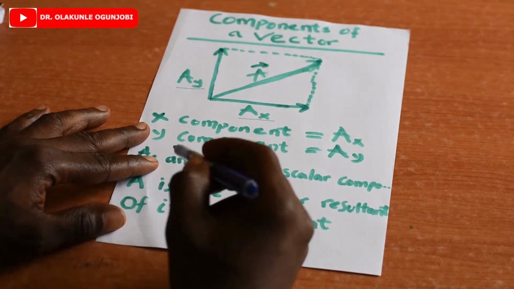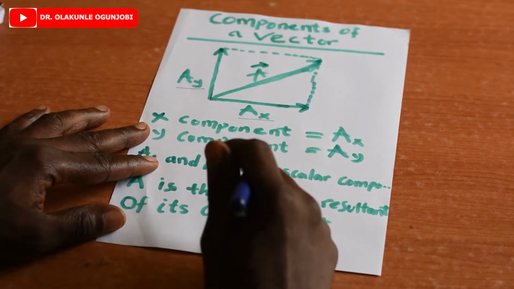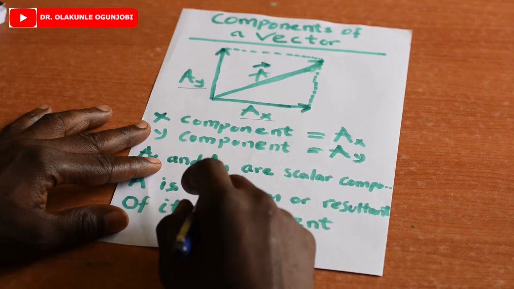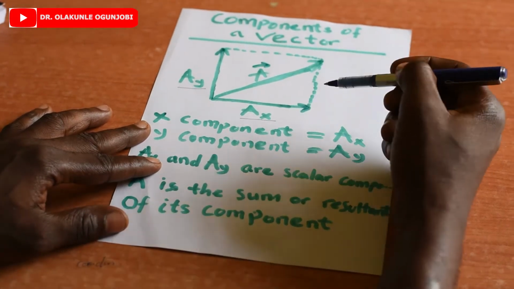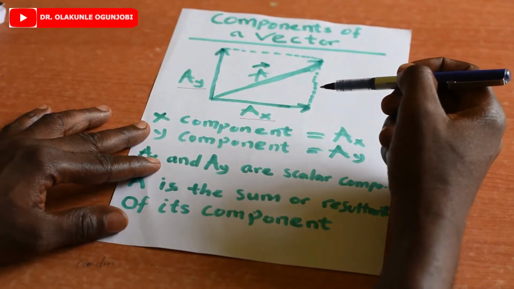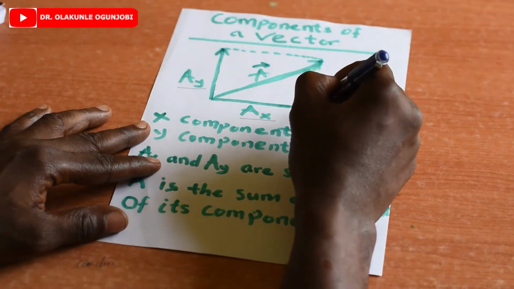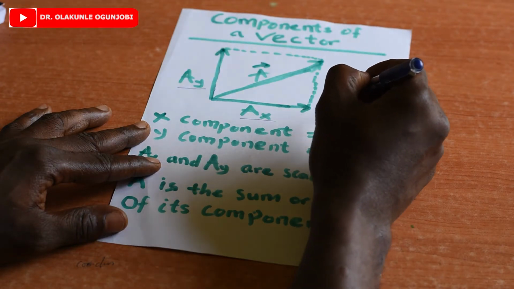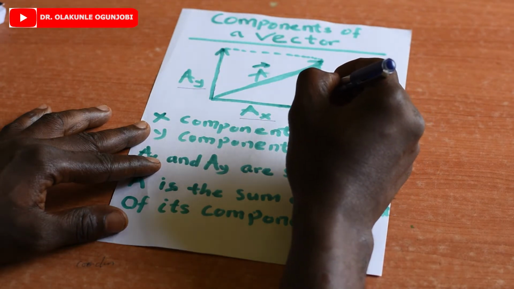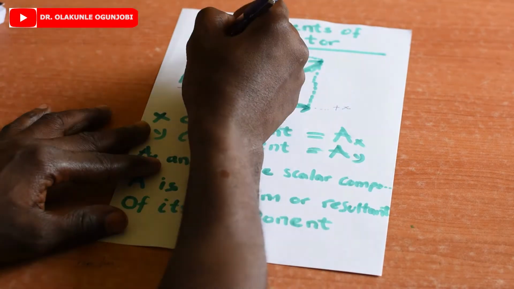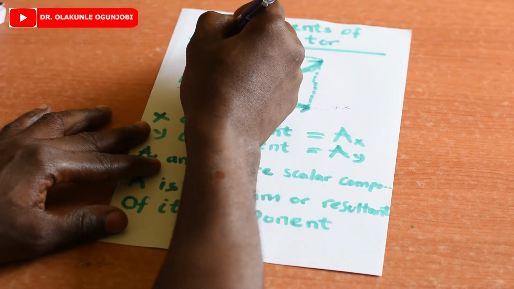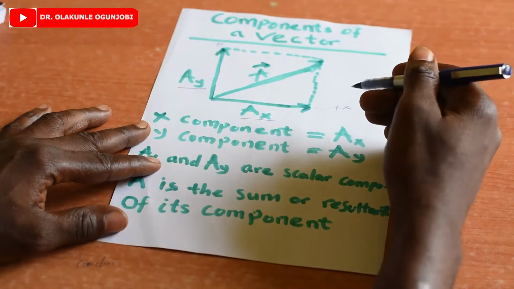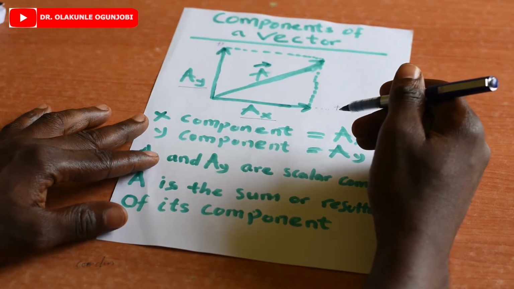So the components ax and ay are positive if they point towards the positive x direction, and positive y direction respectively.